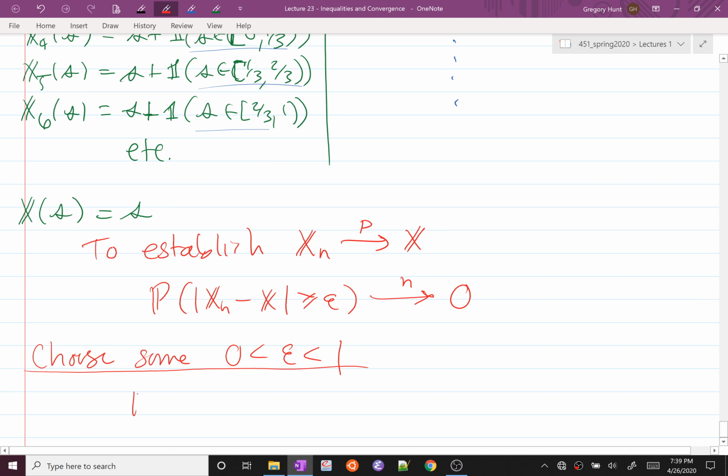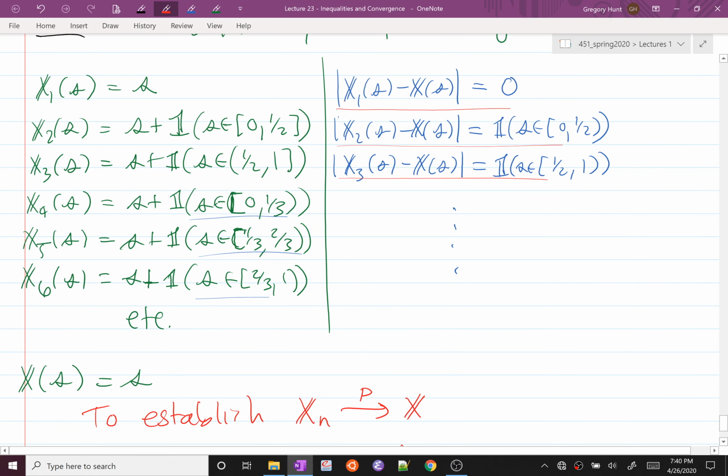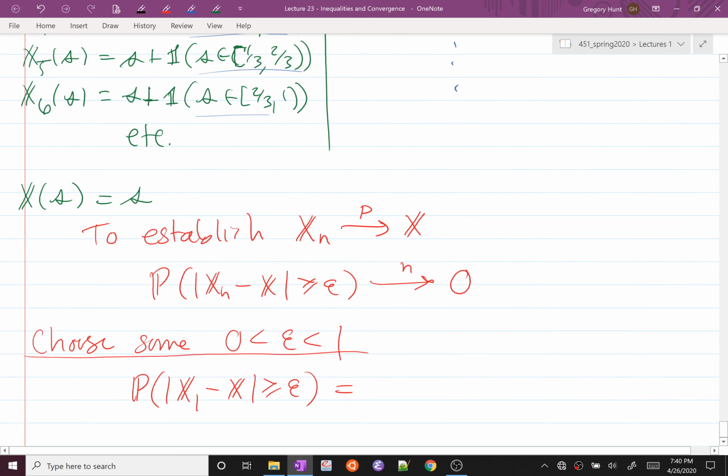So in this case, what's the probability that x of 1 minus x is bigger than or equal to epsilon? Well, xn minus x is 0 everywhere for all s. So that's the probability that 0 is bigger than epsilon, which can't happen because epsilon is bigger than 0.